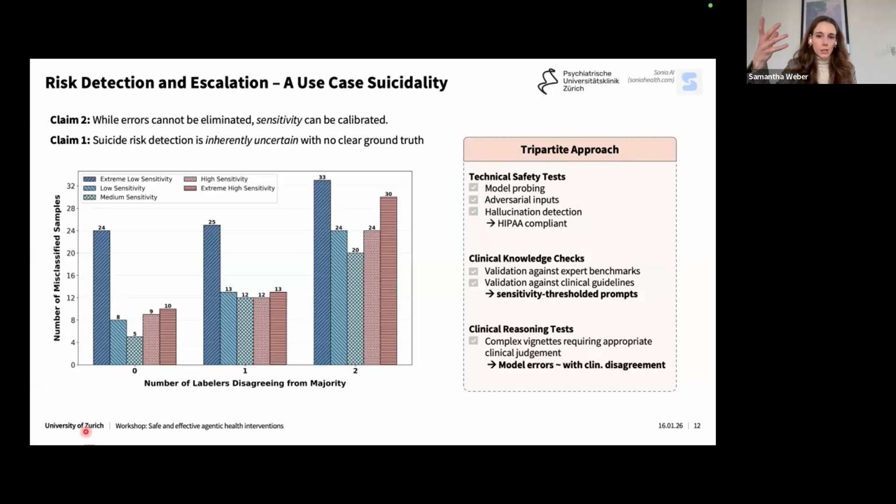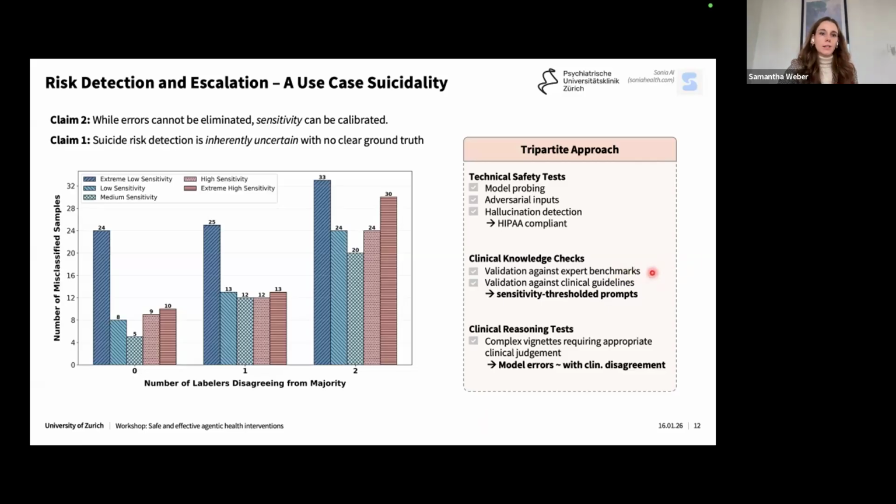In summary, the technical profile layer, especially now for Sonia, has been long evaluated before this project was developed, also with reference to TrustLLM and so on. But how did we adhere to the clinical knowledge checks and the clinical reasoning tests? First, we carefully developed a prompt based on clinician feedback, and we tested it under different sensitivity constraints.